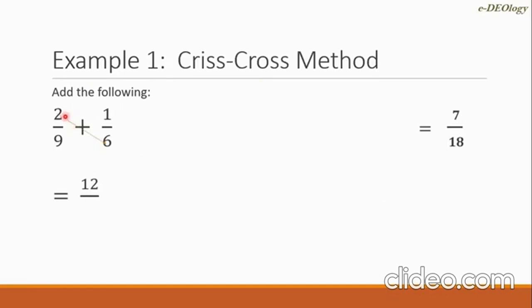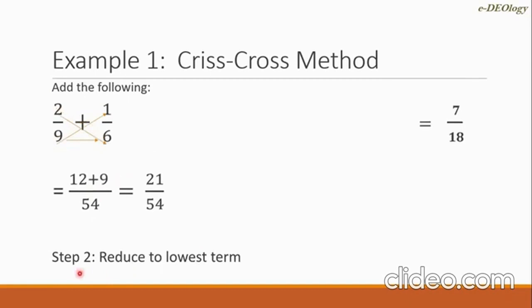So we multiply 2 by 6 becomes 12 plus, then we multiply 9 by 1 becomes 9. Then we multiply 9 by 6 becomes 54. We write in the denominator. And the sum is 21 over 54.